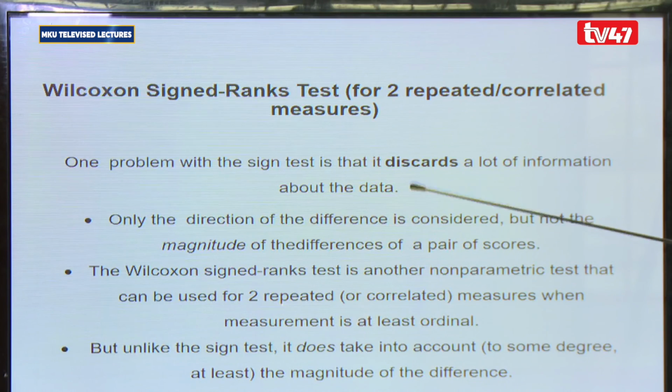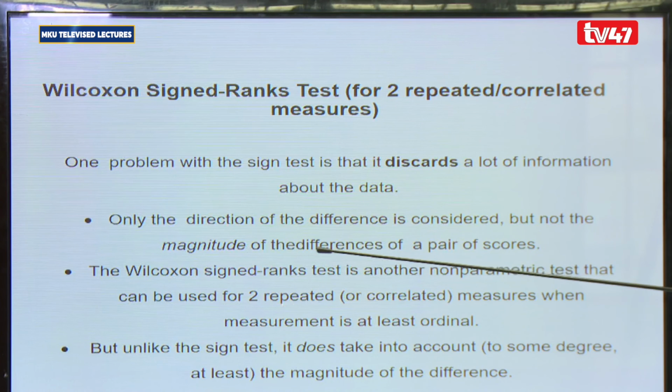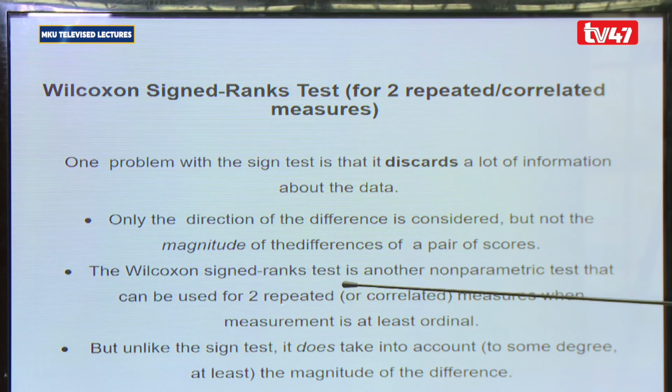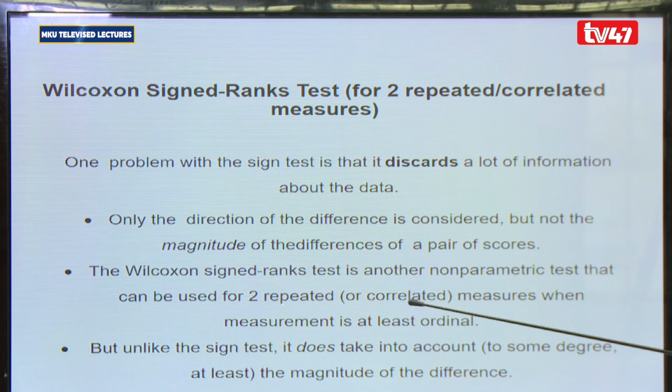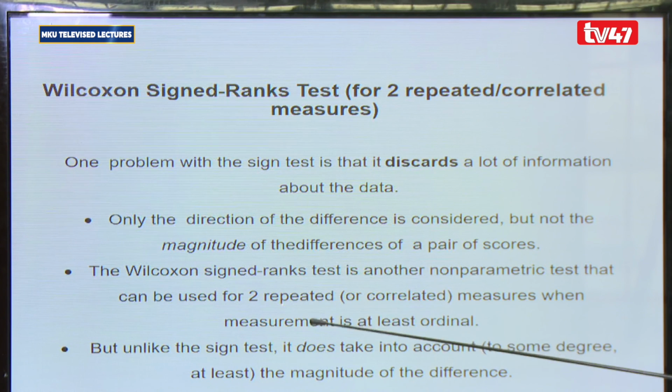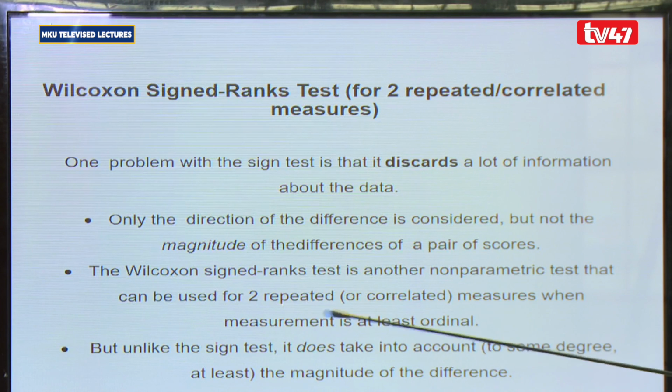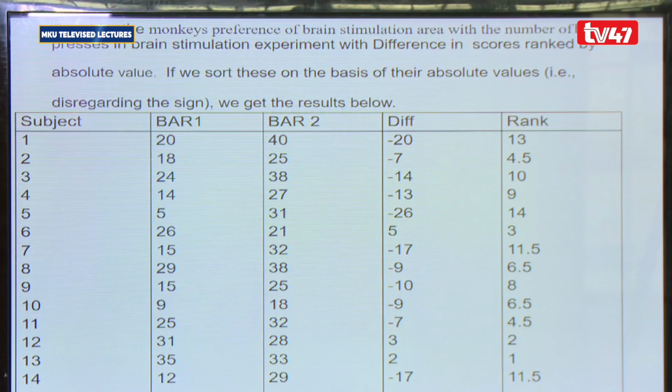Only the direction of the differences is considered, but not the magnitude of the difference of a pair of scores. The Wilcoxon signed-rank test is another non-parametric test that can be used for two repeated or correlated measures when measurement is taken at least at ordinal level. But unlike the sign test, it takes into account, to some degree at least, the magnitude of the differences.